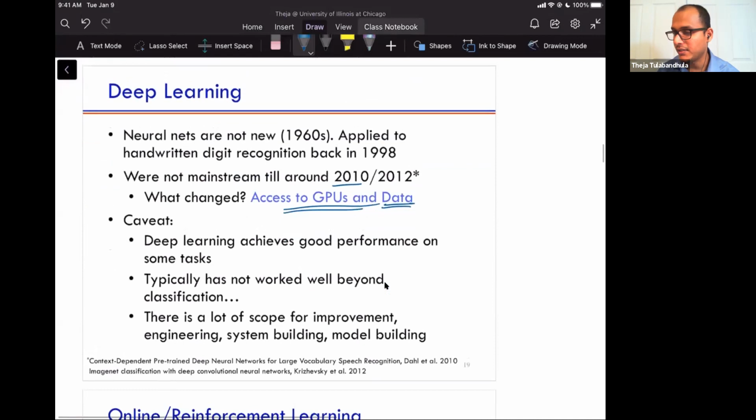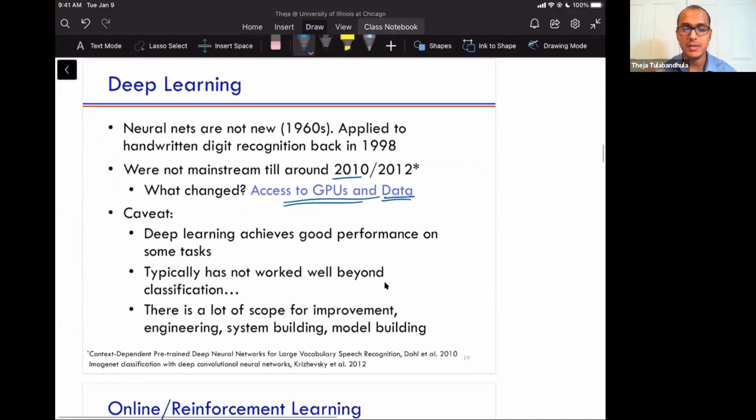At the same time, so that's great. And since then, folks have been applying deep learning to not just images, but to many other things. But with many other things, there's always a caveat that, if you use it naively, the techniques under the deep learning umbrella may not give you too much bang for buck.